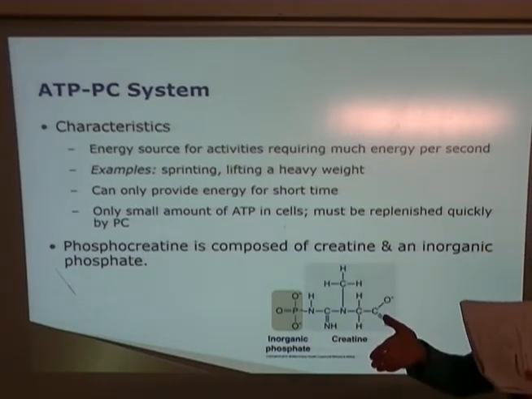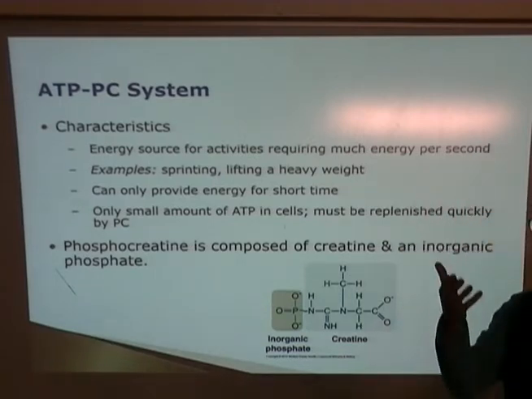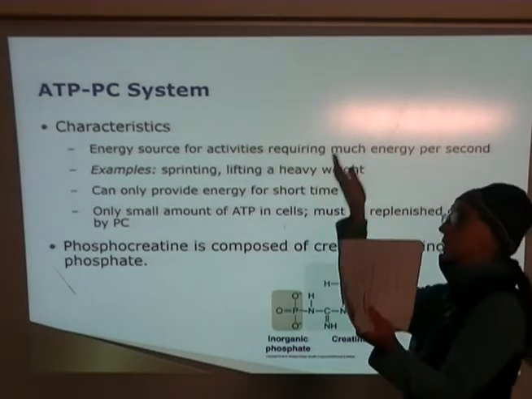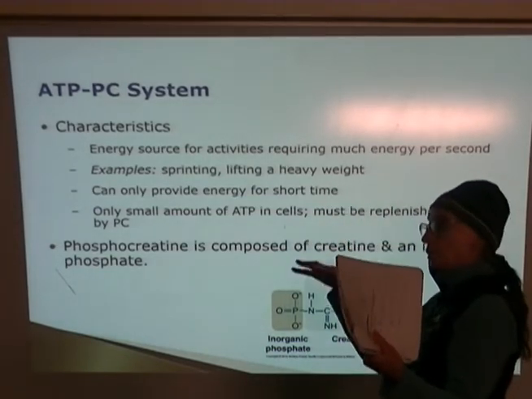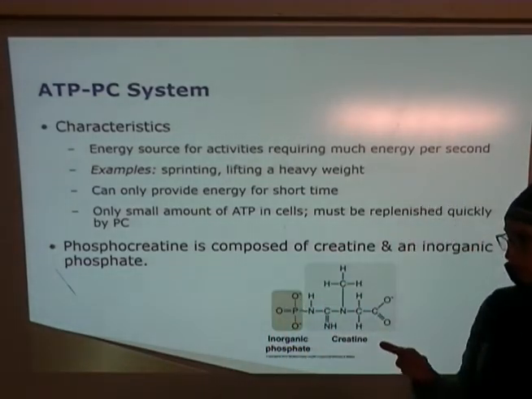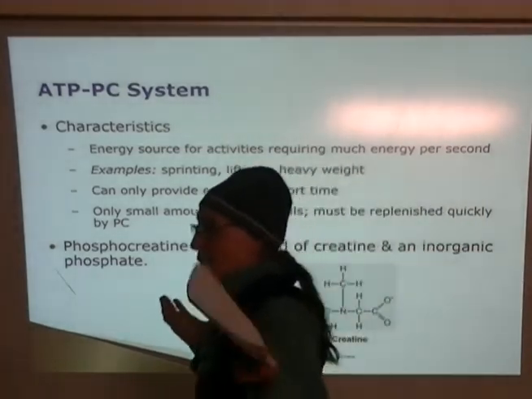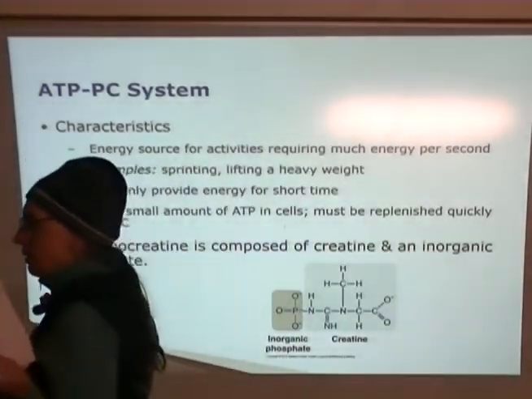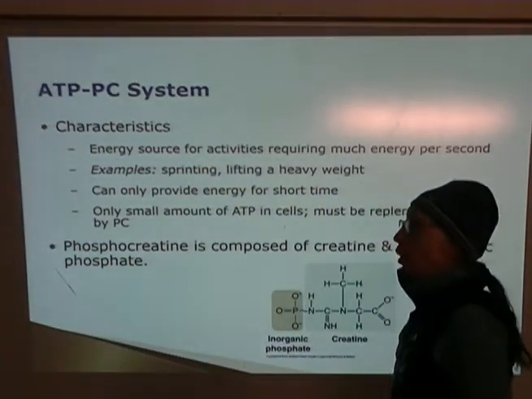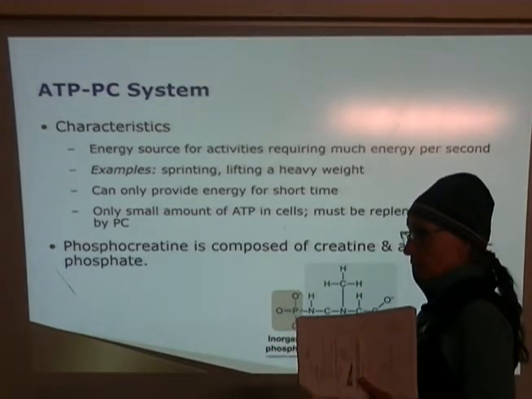So if you're sitting in the classroom and the fire alarm goes off and you stand up and walk out of the classroom, that switch from being sedentary to standing up and moving would use the ATP-PC system. A 100-meter sprint would use the ATP-PC system because it takes how long? Right? 8-9 seconds. If you are doing a 1RM, you would use the ATP-PC system.